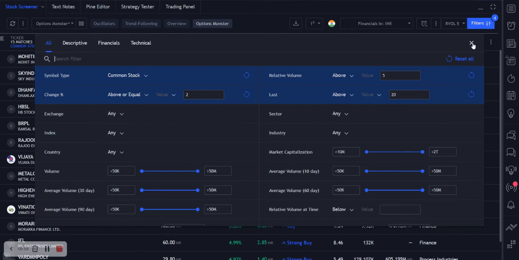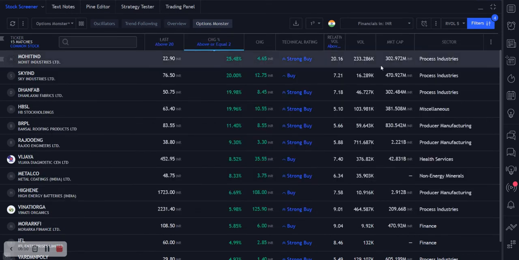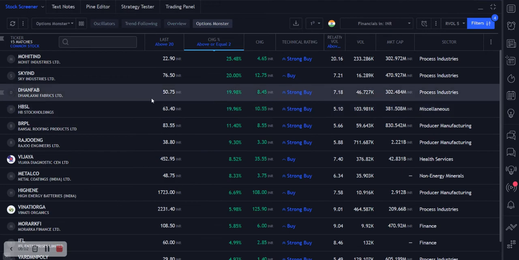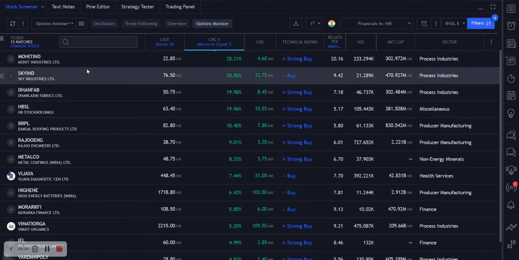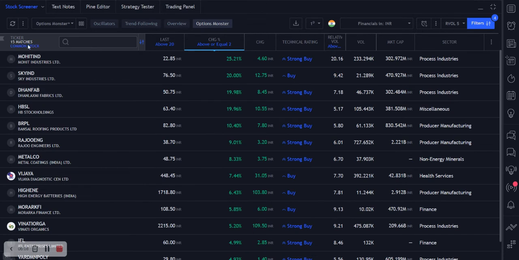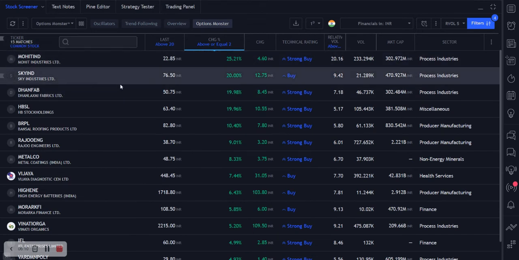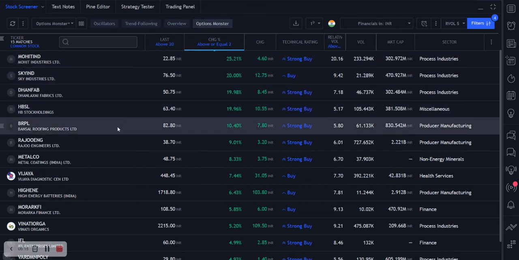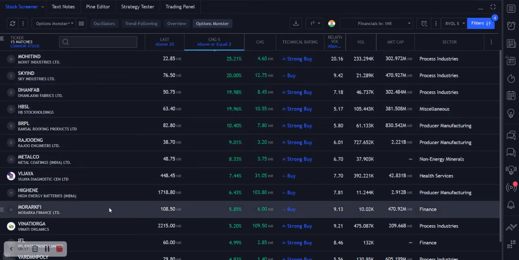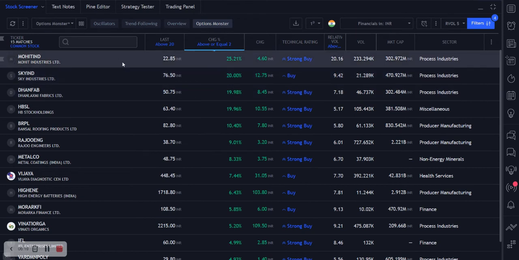Now let's go back to our list here. We've covered our filter. As you can see, I'll just refresh it. Right here, it says 15 matches. This includes NSE and BSE stocks, so a lot of times you see double listings, you can ignore them. One is for BSE, one is for NSE.